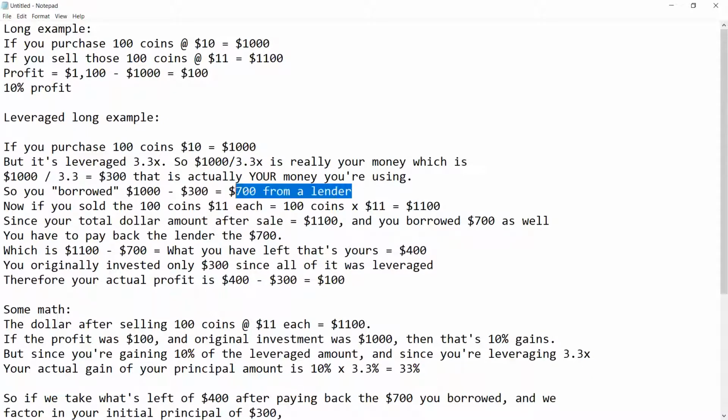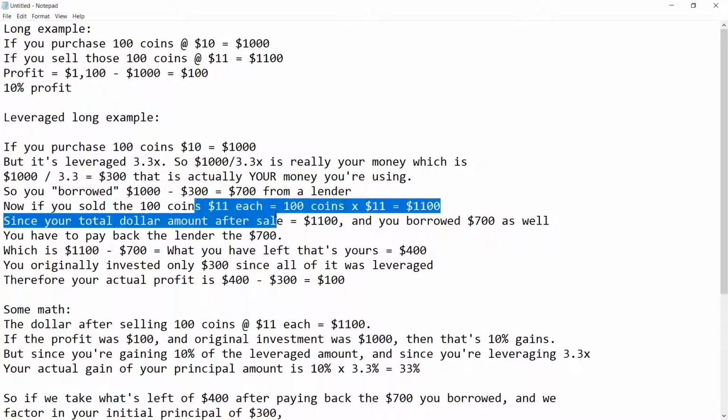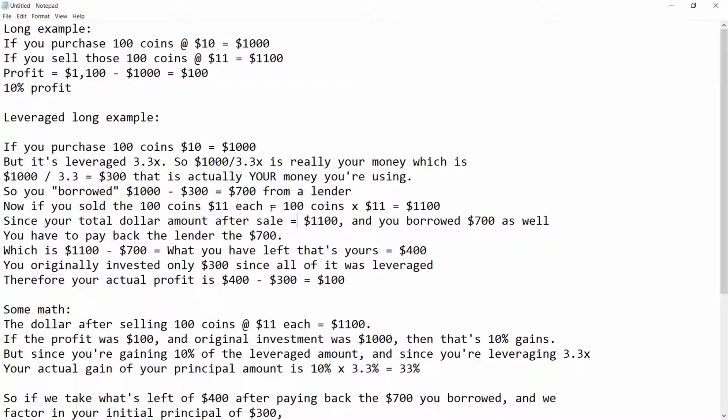So you're actually borrowing $700 from a lender. Now, if you sold the 100 coins at $11 each, 100 coins times $11, that's equal to $1,100. That's the money that you would have after you sold your coins, right?